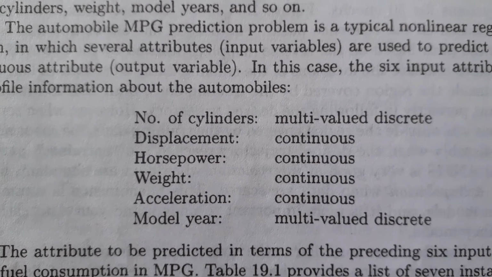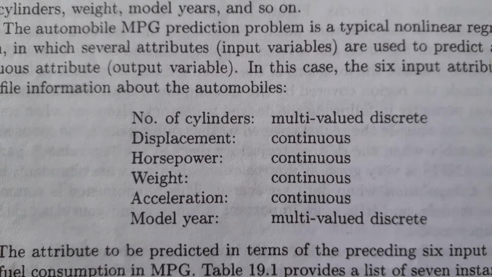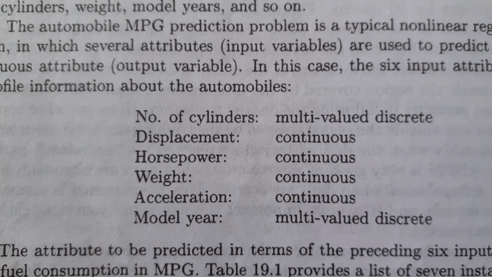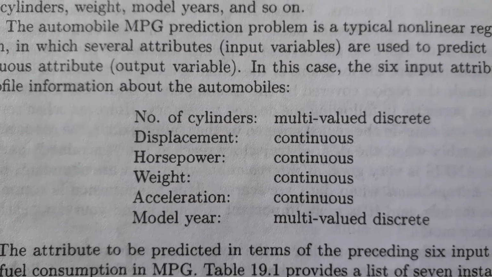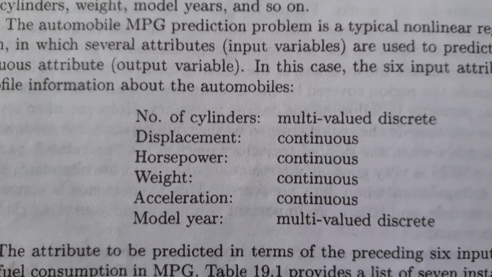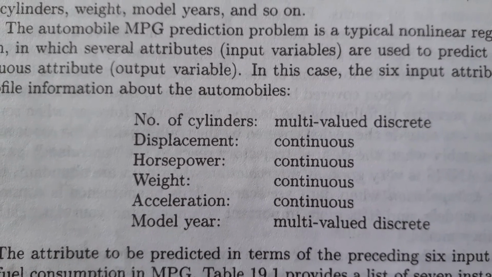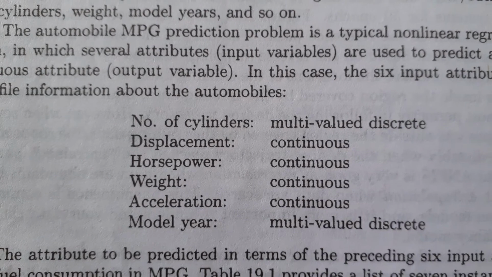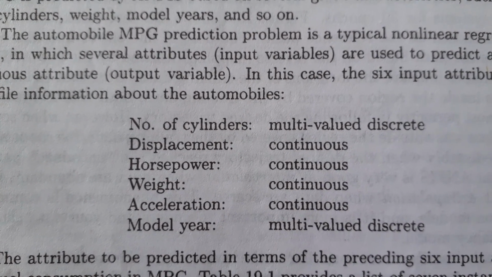6 input attributes include profile information about the automobiles: number of cylinders, that is multi-valued discrete, displacement continuous, horsepower continuous, weights continuous, acceleration continuous, model year multi-valued discrete.